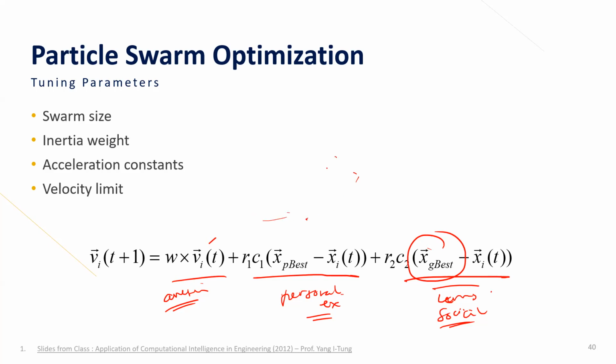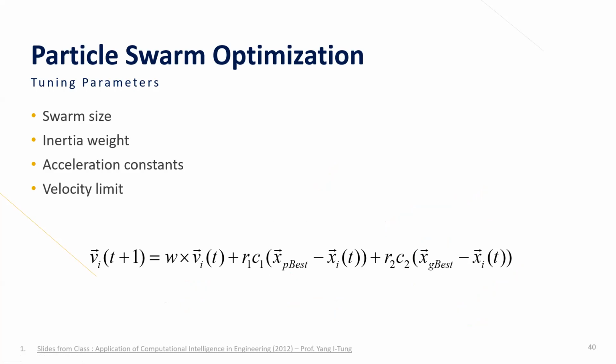This part is to represent those conditions. Learn from your social or your neighborhood. Okay, so that's how the particle swarm optimization philosophy actually is, if we try to relate it to real life.